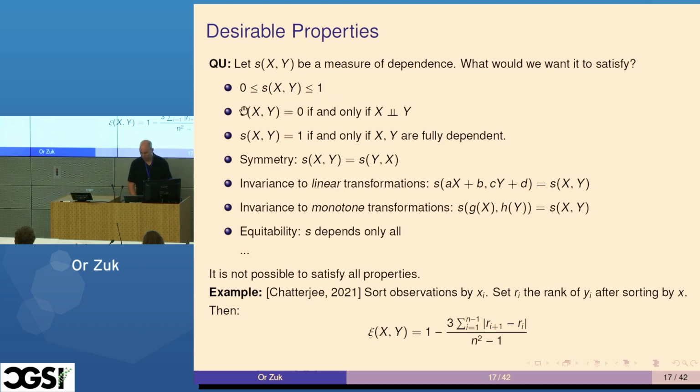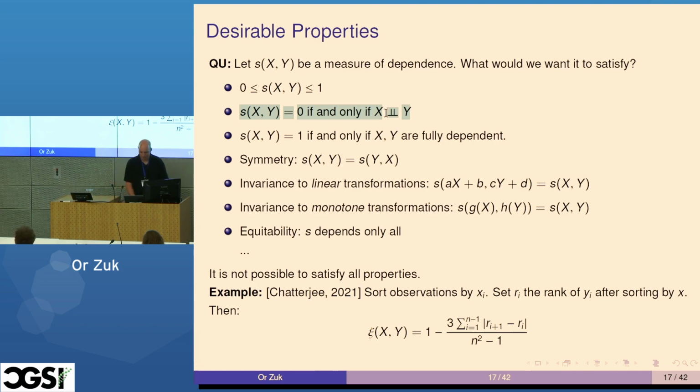Let's do an exercise. Which of the measures I showed so far doesn't satisfy this one? Pearson correlation, yeah, exactly, because you can have dependence but still the correlation will be 0. Sharon, from now on you are forbidden to answer questions. I need some other participants.